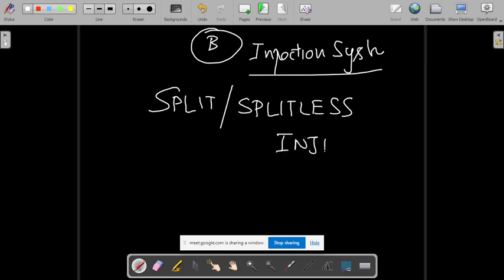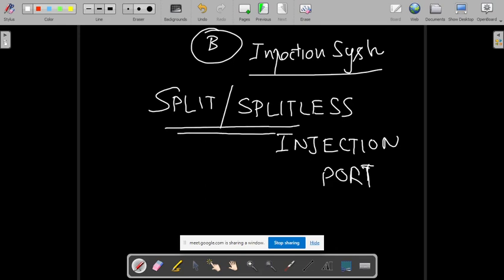This is the port that is going to facilitate injection of your sample, convert that into a vapor, and pass it on to the column. That action is facilitated by the split or splitless injection port.